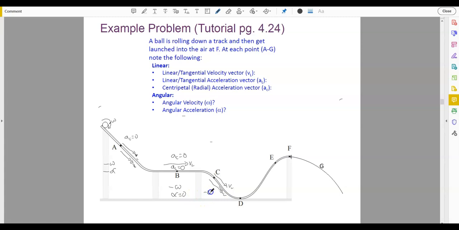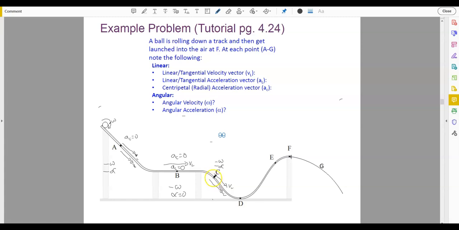Well, that means omega is going to keep rotating clockwise, and since it's speeding up, it's going to start speeding up in that direction as well. Let me move these slightly. I'm actually going to put notes on the top of this. And negative alpha at this point.